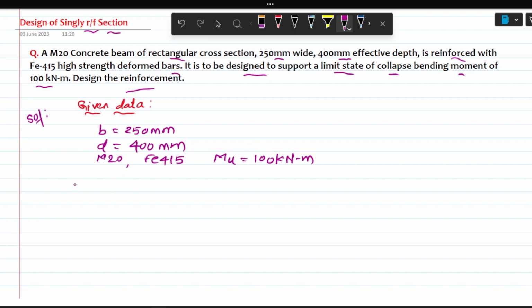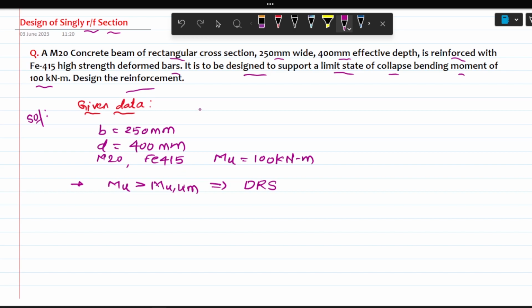The clear condition is, if Mu, that is the ultimate moment of resistance, is greater than Mu limit, that is the limiting moment of resistance, then it is a doubly reinforced section. If the condition is reverse, then it is a singly reinforced section. So the first step is to find the limiting moment of resistance, then check whether it is less than the ultimate moment of resistance or not. Based on that condition, we come to a conclusion whether it is singly reinforced or doubly reinforced.